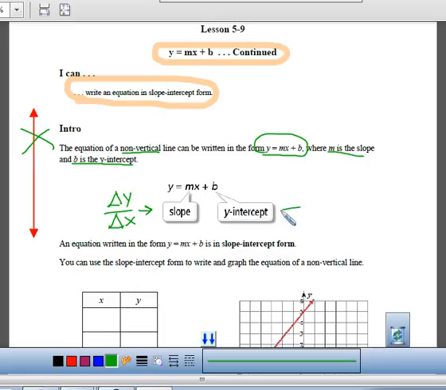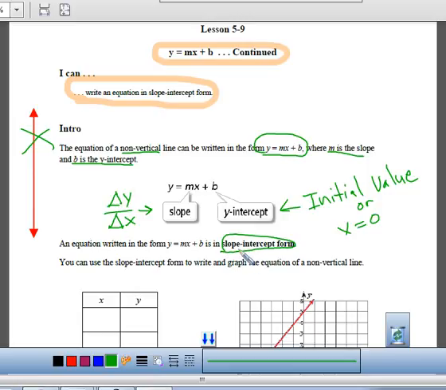The y-intercept is the initial value, or I think a better way to think of that is when the x is 0, when the input is 0. An equation written in the form y equals mx plus b is in slope-intercept form.